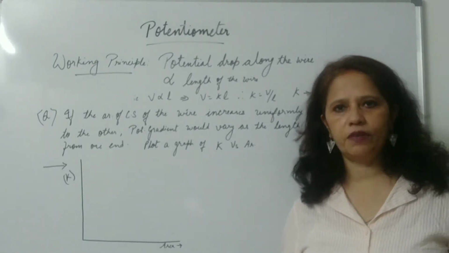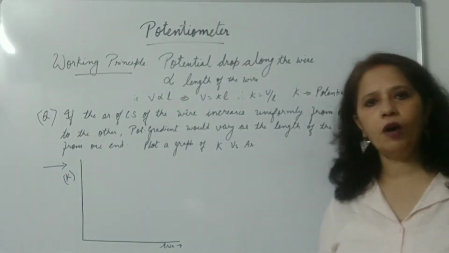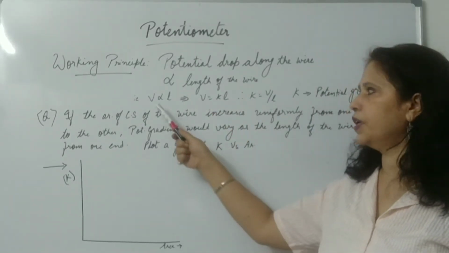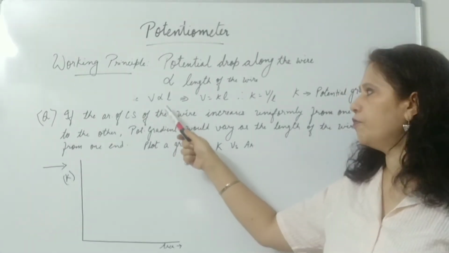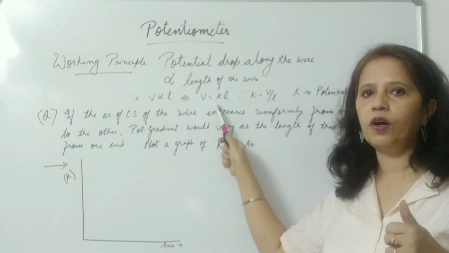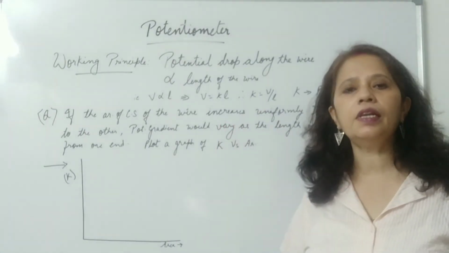Now potentiometer, working principle: potential drop along the wire is directly proportional to the length of the wire. That is, V is directly proportional to L, and if we remove this proportionality sign, we put a constant of proportionality called K, which is known as potential gradient.